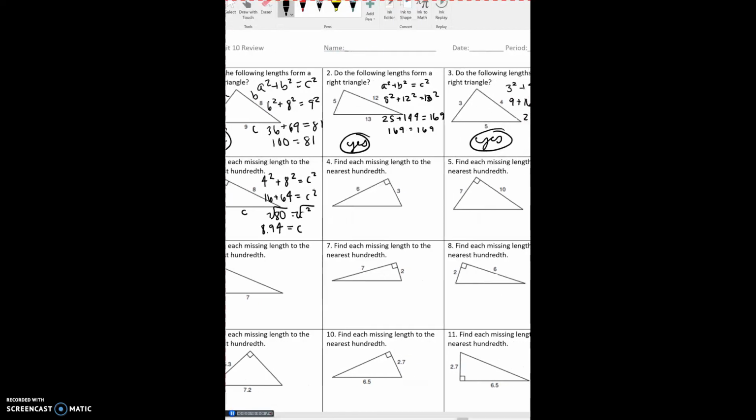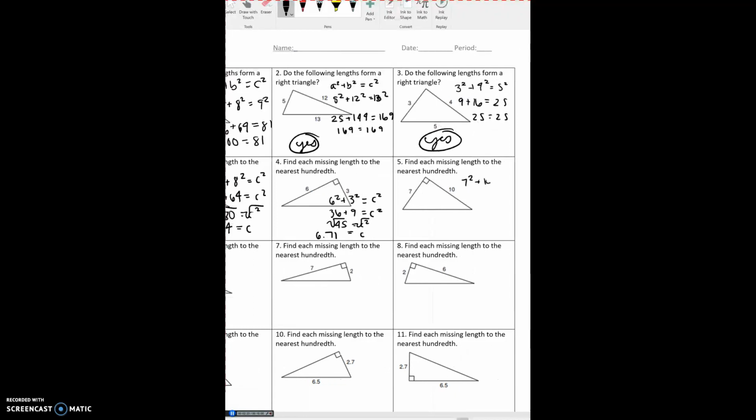Find the missing length. Again, Pythagorean theorem. Square root, c equals 6.71.